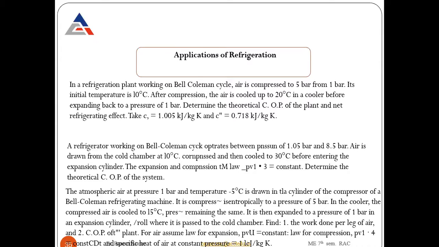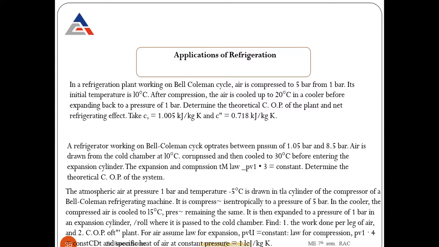This is the PV diagram, and second, here the temperature and entropy diagram. Points 1, 2, 3, 4. Isentropic compression and isentropic expansion. So everybody draw this.